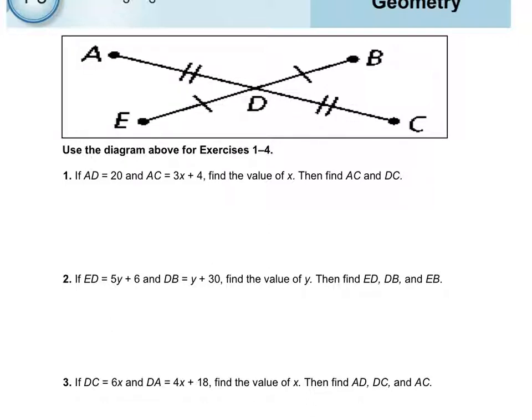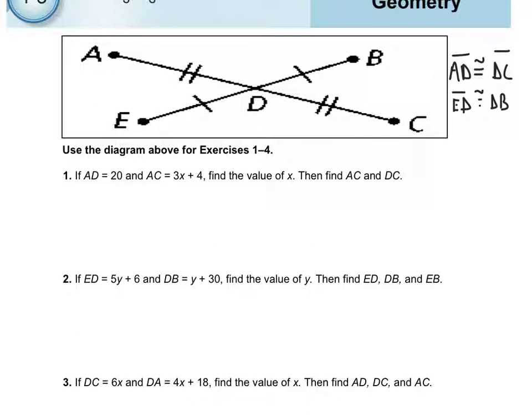So in this case, because of the markings, you know that AD is congruent to DC, and you also know that ED is congruent to DB. The ones that have two markings, this segment and this segment, are equal. And the ones that have one marking are equal.